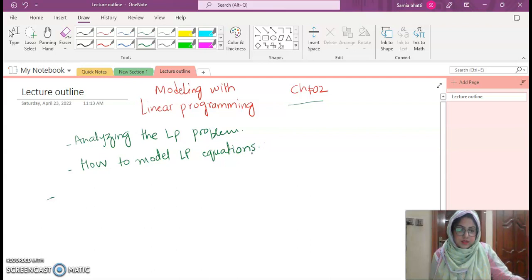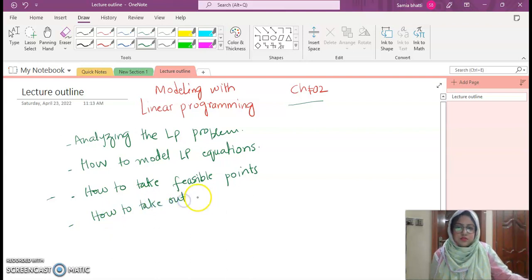We will learn how to make LP equations and how to model it. We will also learn how to take feasible points that will help us to attain the optimum solution.